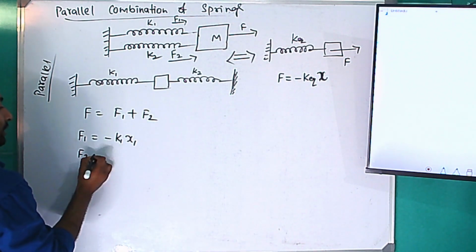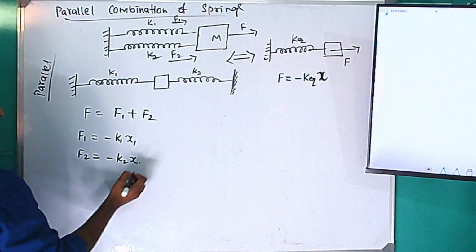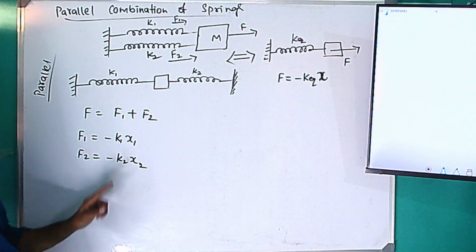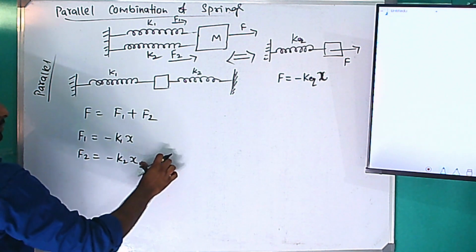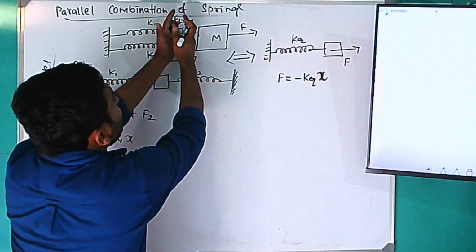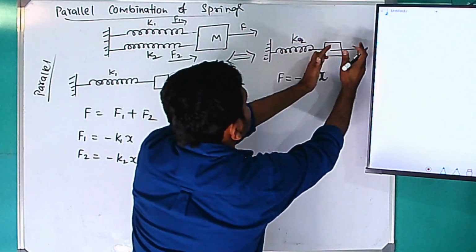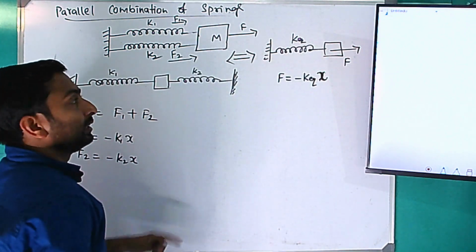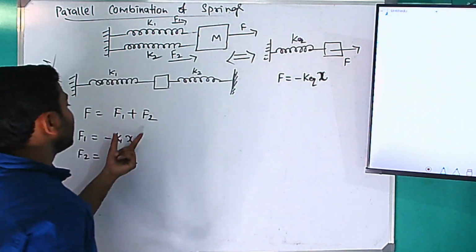So F2 is equal to minus k2 x2. Since x1 and x2 are the same, I can eliminate this one. Whatever displacement these two together make, the equivalent spring produces the same displacement, such that forces are the same and displacements are the same.